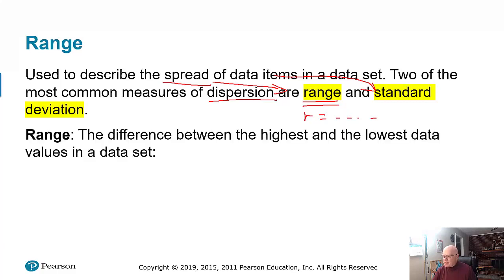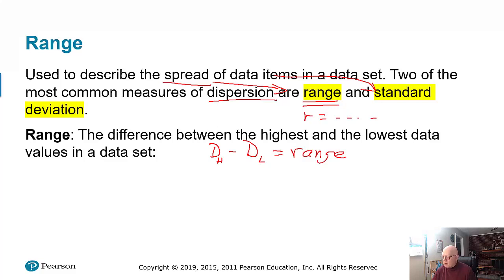Well, here it goes. The range is just the difference between the highest and lowest data values. So your highest data point minus the lowest data point, that's your range. Couldn't be simpler than that.